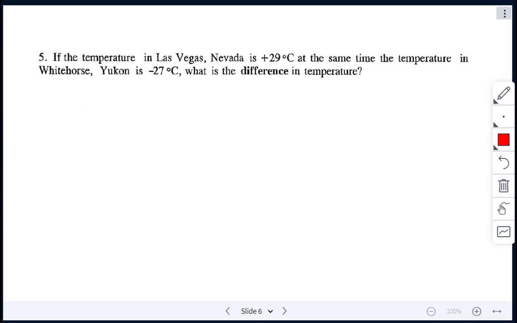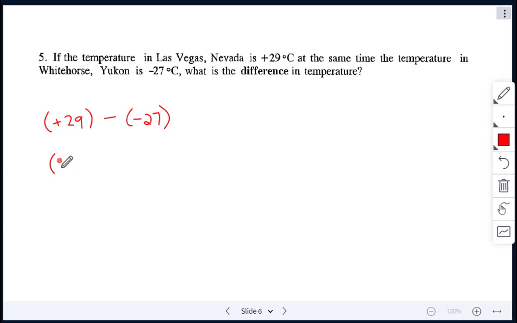All right, so for this question, if the temperature in Las Vegas, Nevada is positive 29 degrees Celsius, and at the same time, the temperature in Whitehorse, Yukon is negative 27 degrees Celsius, what is the difference in the temperatures? So difference means subtraction. So we're going to take our positive 29, and we're going to subtract it from the negative 27. Now we add the opposite.